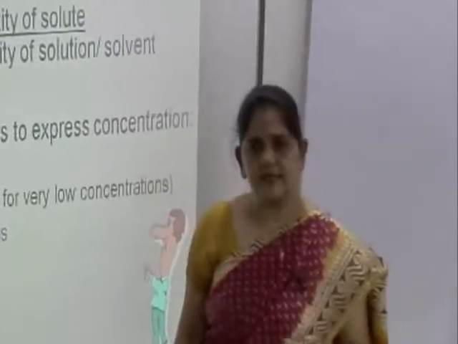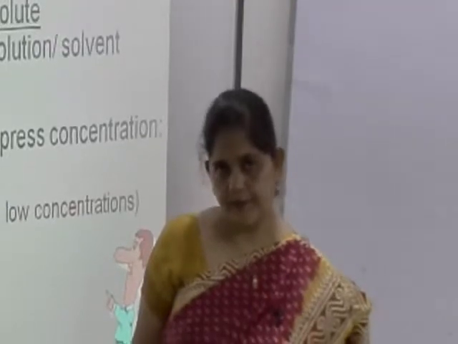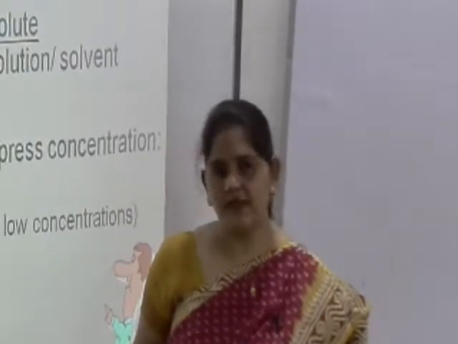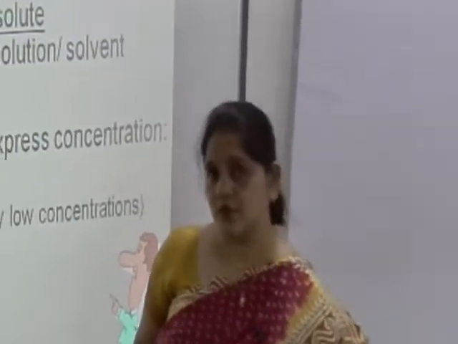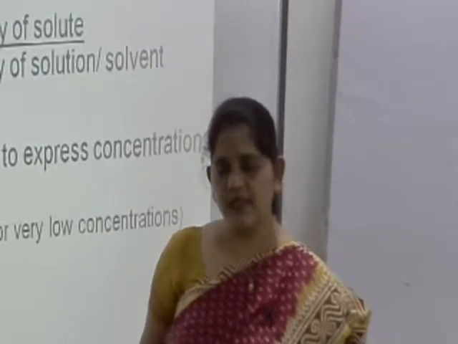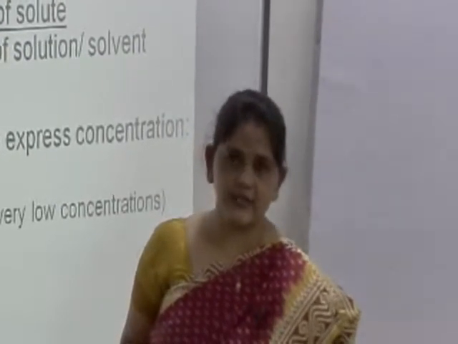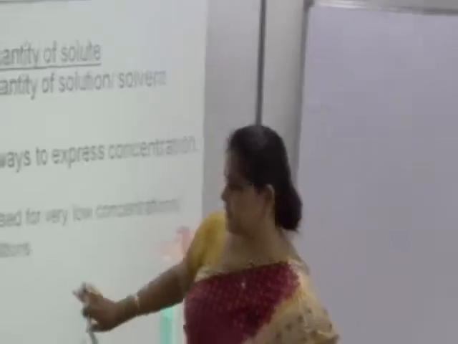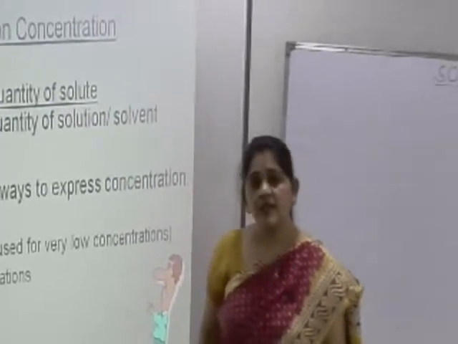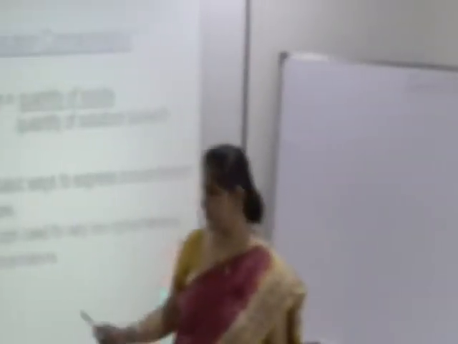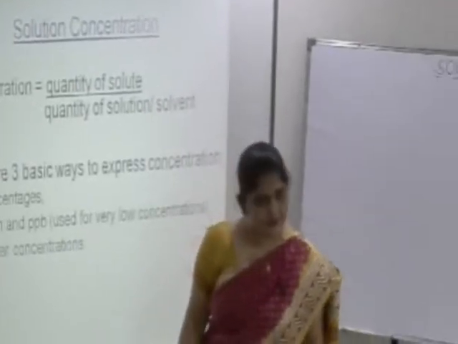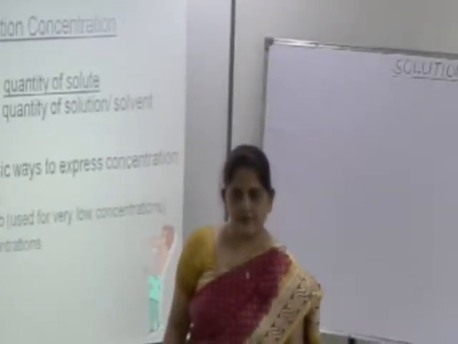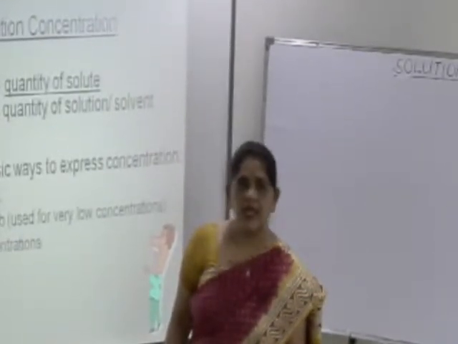Here we are going to measure on a scale of million and billion how many parts of your solute are present per million of the solution in case of ppm, and out of billion in the case of ppb. The third and the most important way of expressing the concentration is the molar concentrations. These are the 3 broader classifications of the ways in which you can express the concentration. Let's study one by one.